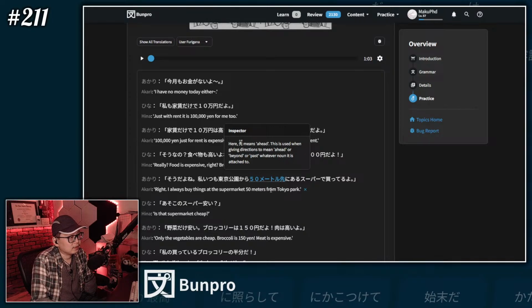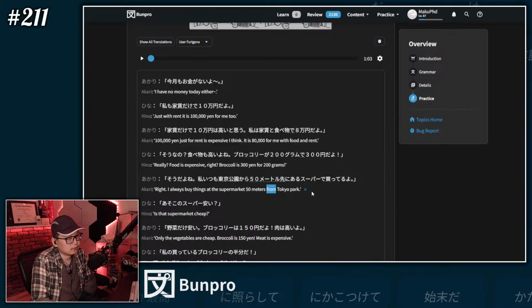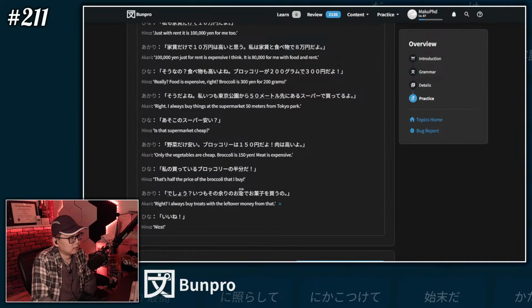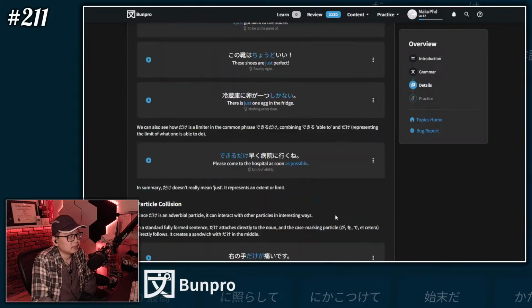But this is then contextually referred to as from, like, there's no particular direction from Tokyo. The from here is where that from is. So it's interesting that there's a saki. Oh, can I highlight this too? Nope. Okay. No inspector on that.